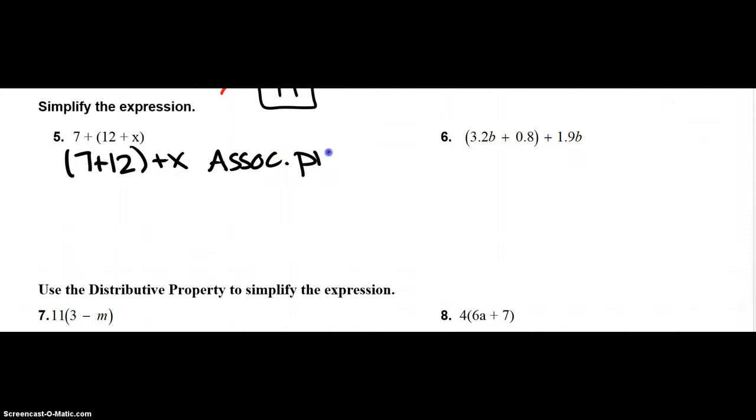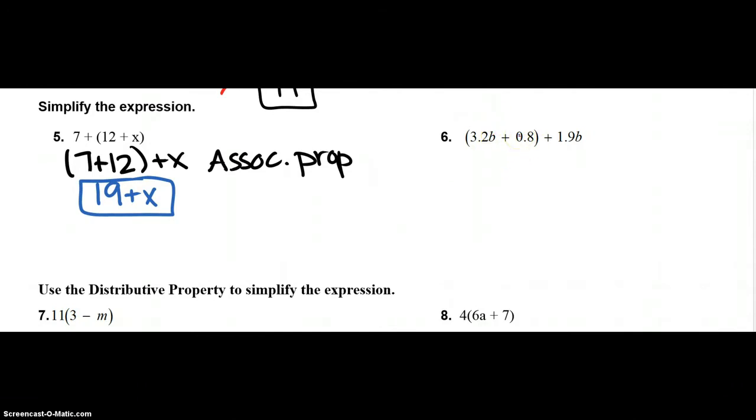Remember, associative property is regrouping numbers. So now here, we can actually simplify 7 plus 12. That would be 19, and then plus x. That's as far as we can go to simplify. So we're going to box that answer and be done there. So for number 6, again, we can't add 3.2b plus 0.8 because one has a variable, one does not.